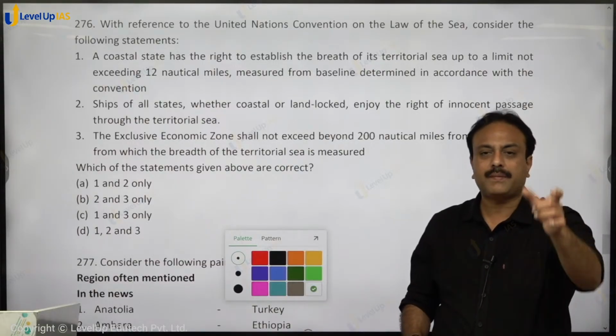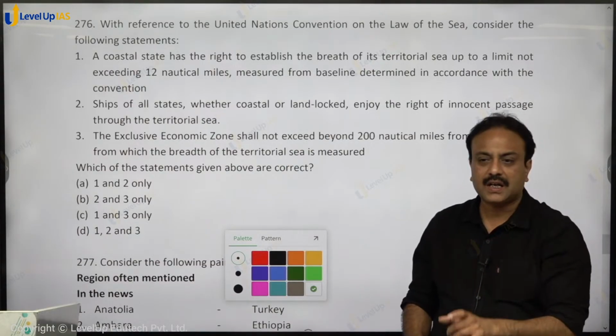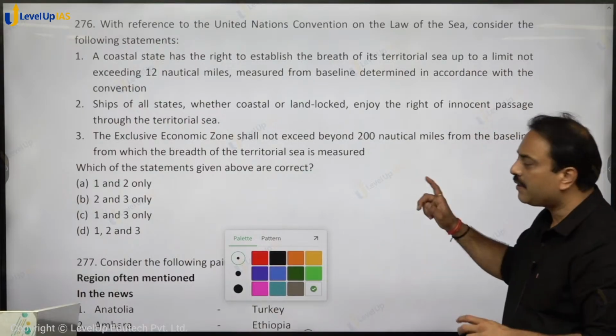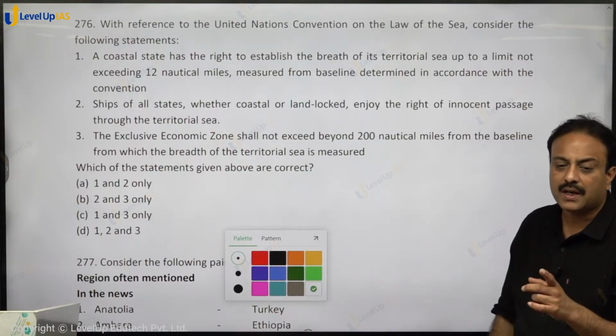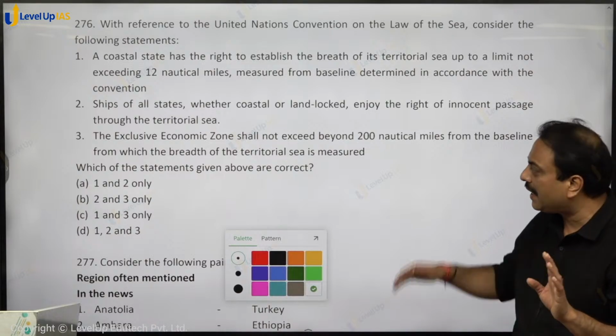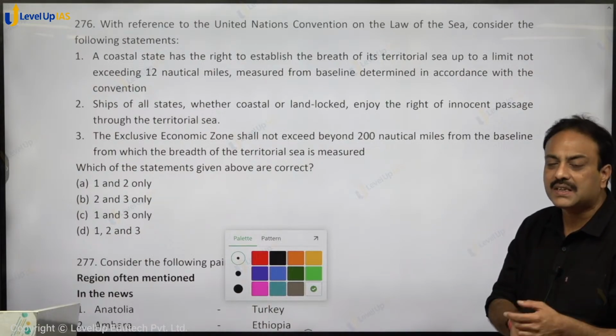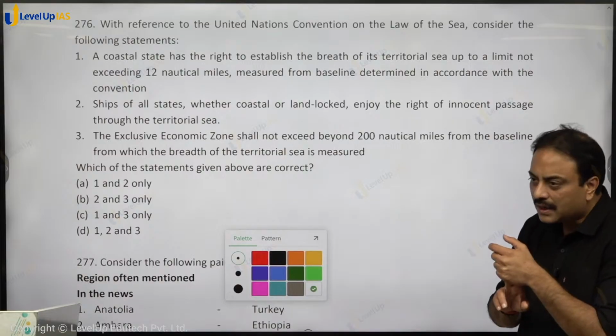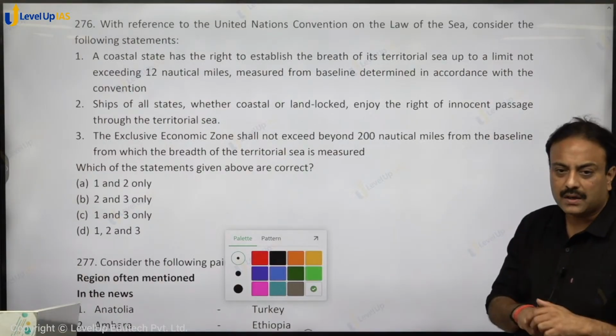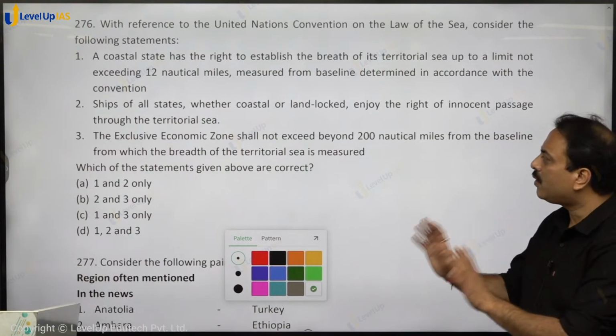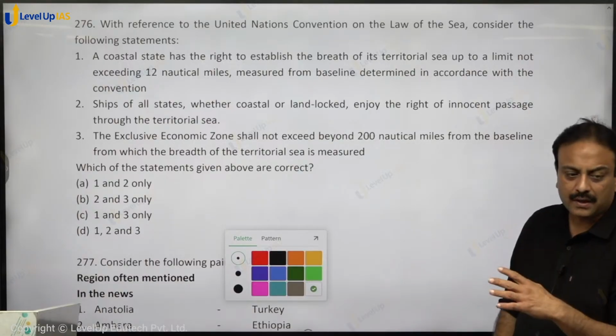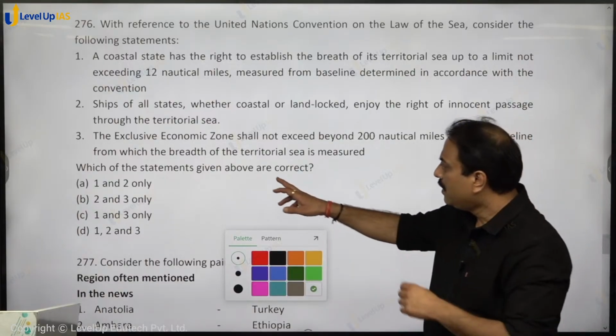Any country breaching that will not be considered as such, and the concerned country can object to that. Right? So it is something in good faith. If you are using the sea, use it, but it should not be against that.